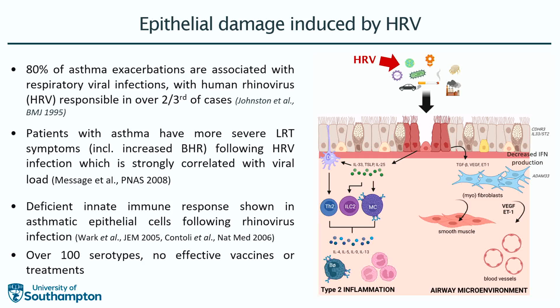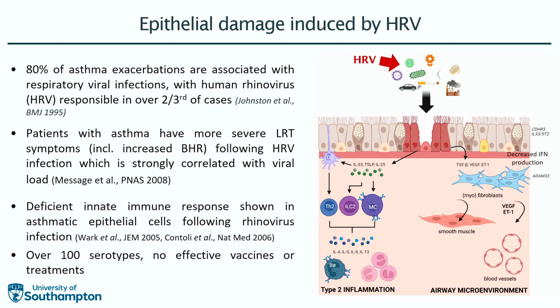Patients with severe disease have more severe lower respiratory tract symptoms following infection, which is strongly correlated with viral load. There is a deficiency in the innate immune response of asthmatic epithelial cells, which produce less interferons, and by doing so, there is more virus in those airways.